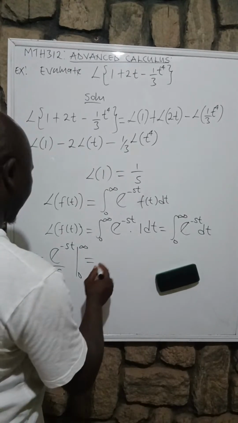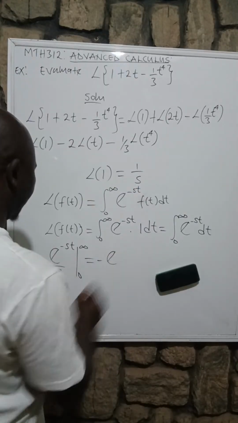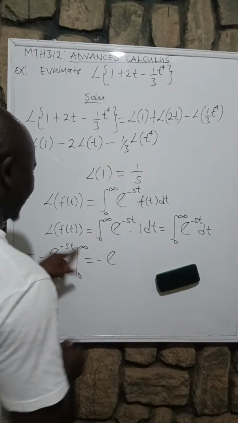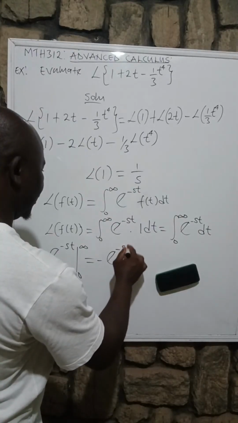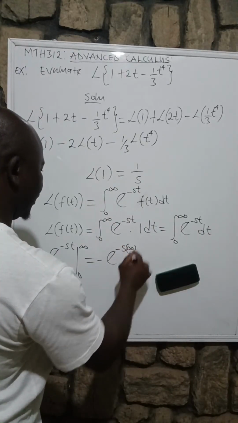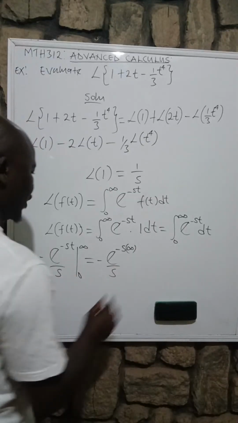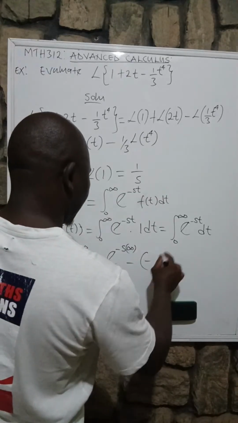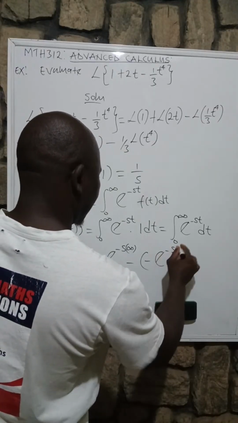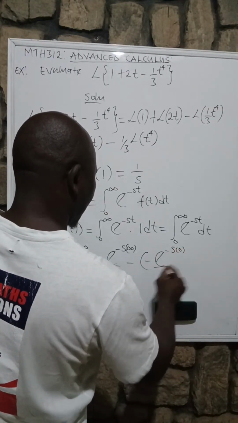Then we subtract the lower limit from the upper limit. So this is minus exponential, anywhere you see t, you write infinity, minus s infinity, all over s. Then minus the lower limit, minus open bracket minus exponential minus s times 0 all over s.